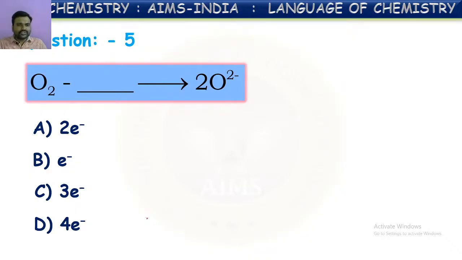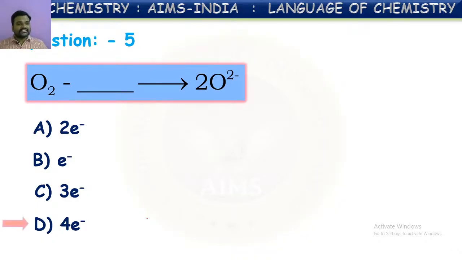The oxygen molecule is losing certain electrons to form 2 oxide ions. So how many electrons are lost by this oxygen molecule here? Any guessing answers? Is it 2 electrons, 1 electron, 3 electrons, or 4 electrons? Many of you are trying but wrong.